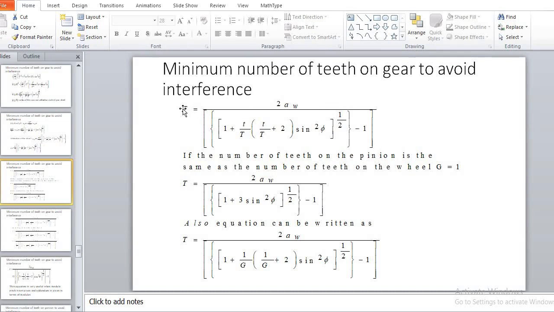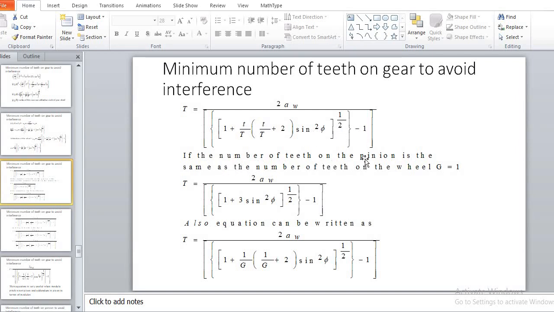This t is nothing but the minimum number of teeth on the gear to avoid interference. So t is equal to 2AW divided by the square root of the whole term, 1 plus t by t into t by t plus 2 sin square phi, minus 1.